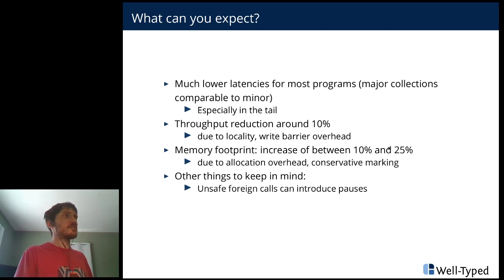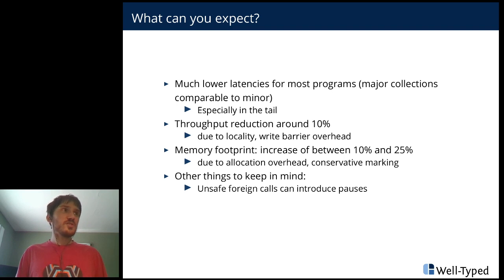So in general, you can expect significantly lower latencies, a factor of between 5 and 50, but it's an asymptotic difference, so it's hard to give an upper bound. In latency, for most server programs, especially in the tail. So worst case latency gets significantly lower.